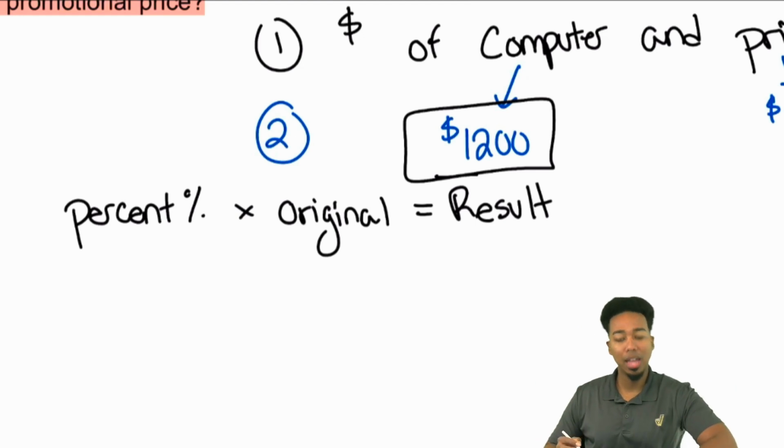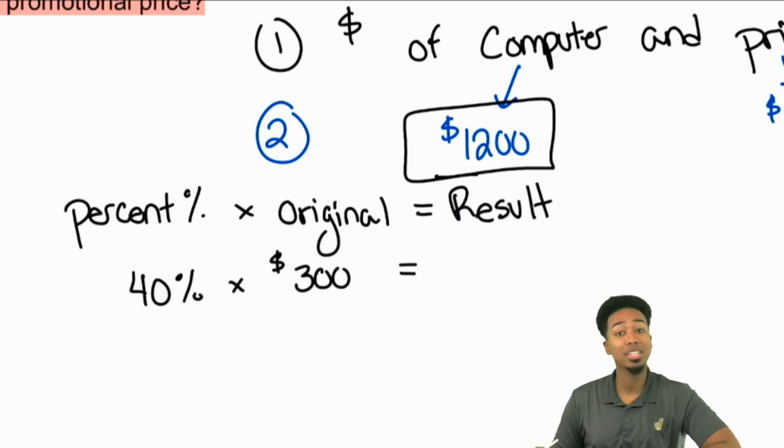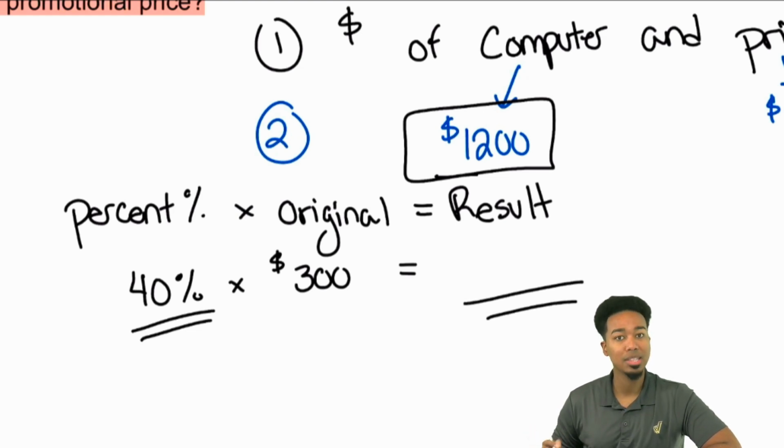So if I'm going to apply that 40% on that $300 printer, the result that I'm going to get is not going to be the price I pay. It's going to be the amount of the discount. Because again, the 40% represents the discount, so the result will represent the amount of the discount. What does that mean?